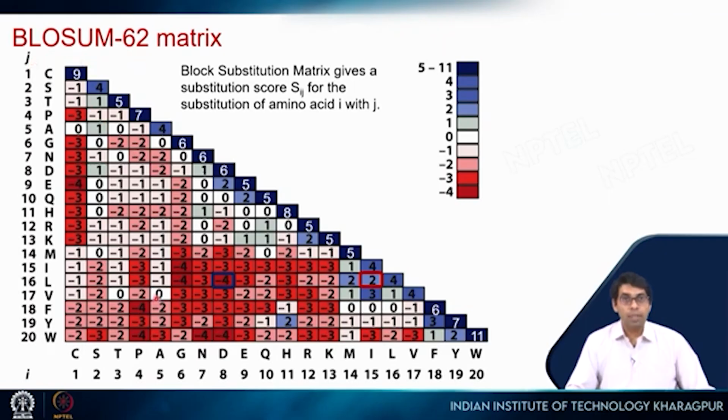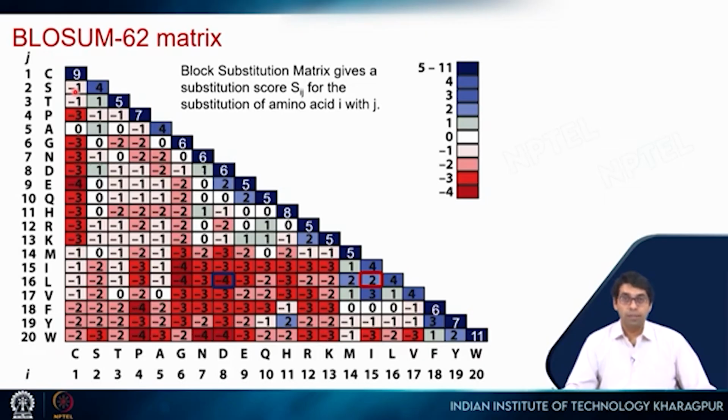If you look at this matrix, it gives you the weightage of substituting one amino acid with another amino acid. So if I take serine and substitute it with a cysteine, it gives me -1. So 0 means there is no preference for this change. It can happen. So there is a random chance of mutation of a serine to cysteine, right.